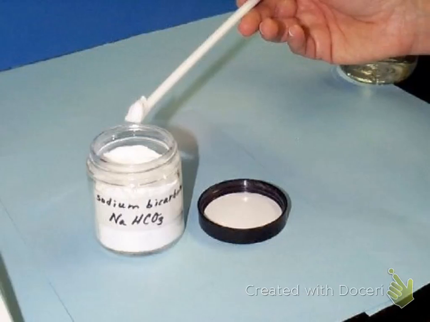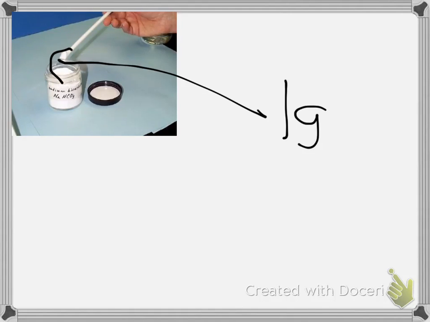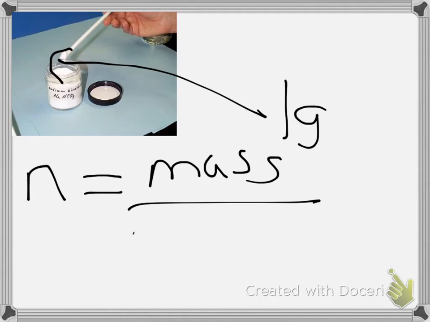So in my original sample of sodium hydrogen carbonate, which weighed 1 gram, how many moles do I have? I know my formula is mass over formula mass.